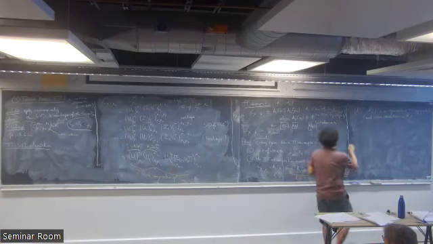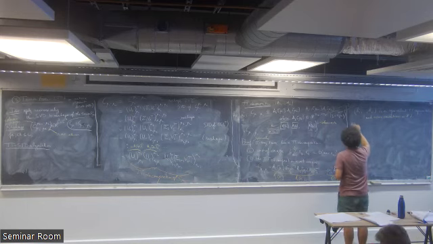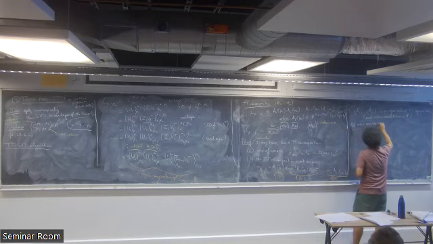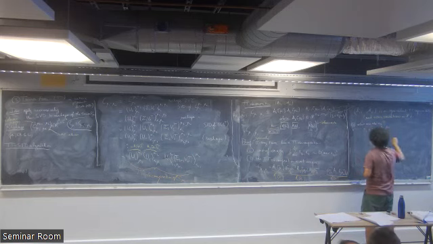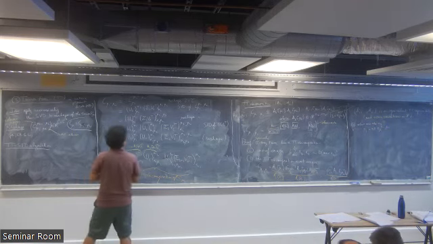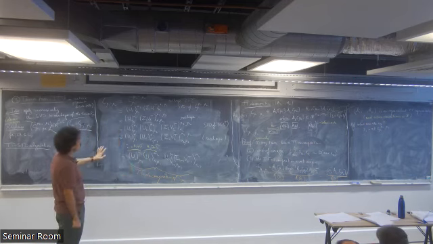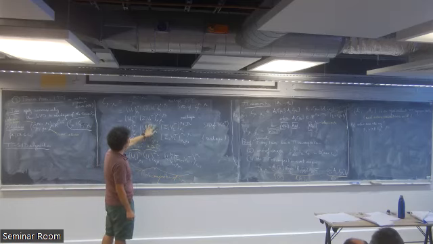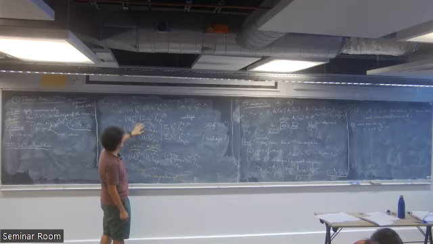Let's write that: R1 is exactly the rank of C with indices mu1, mu2, up to mu-L. Now let's look at R2. That's a bit trickier, but R2 is related to the SVD of this part.